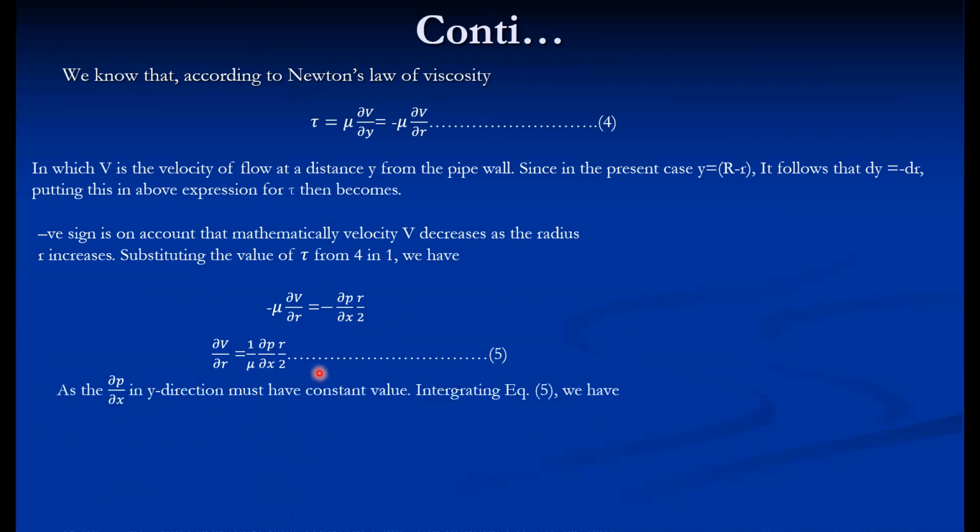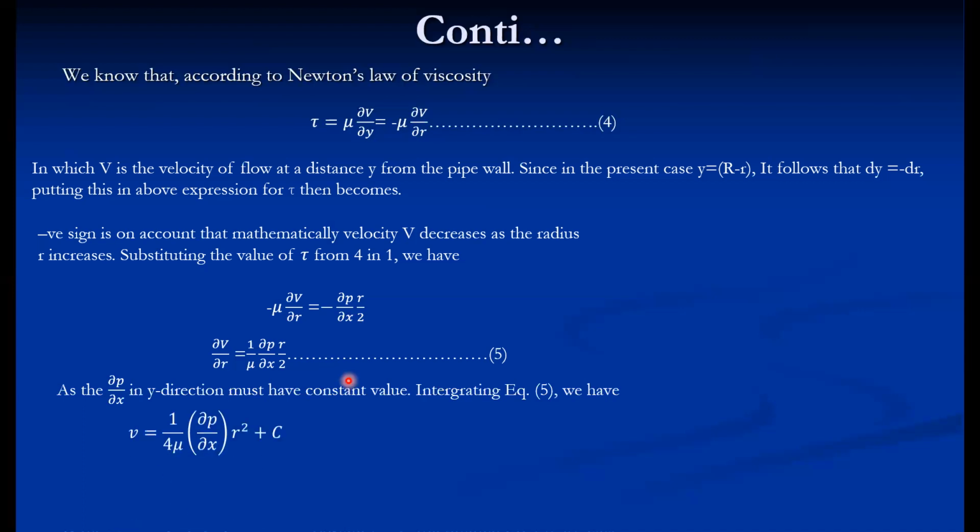Integrating, we have ∂p/∂x in the y direction must have a constant value. Integration is only variable in r because ∂p/∂x doesn't vary along the r direction. This is a constant, so only r is the variable.